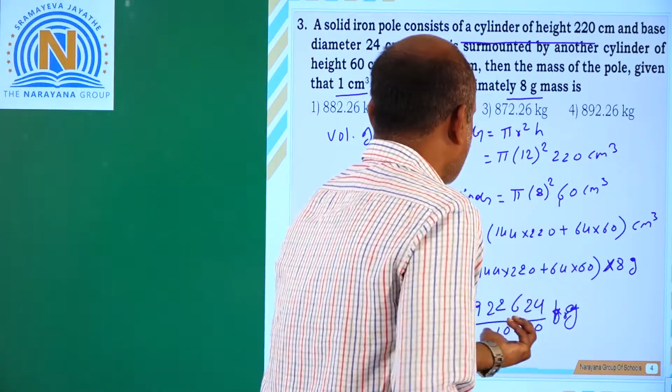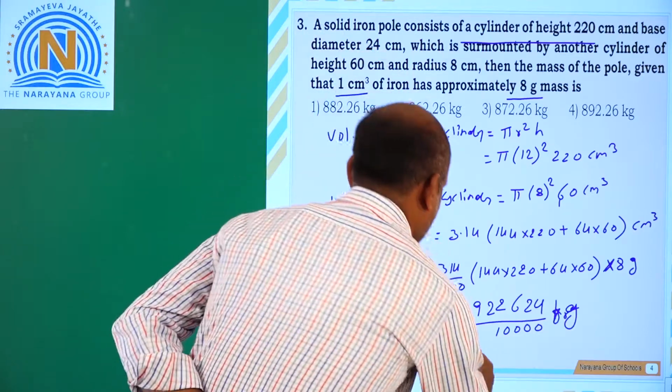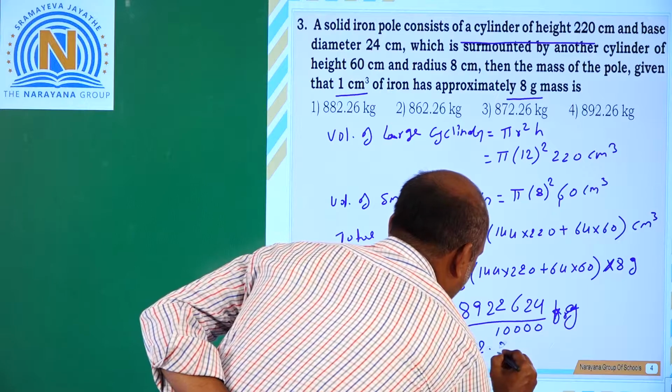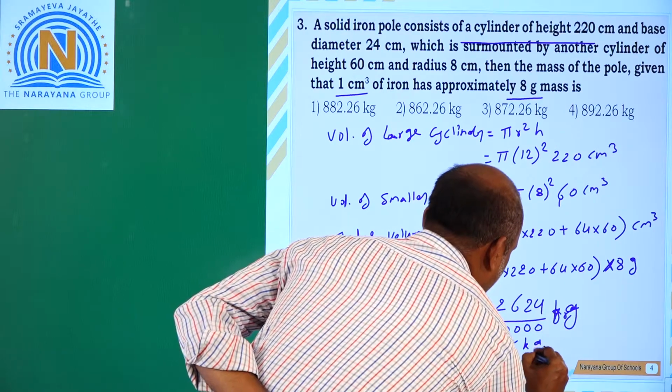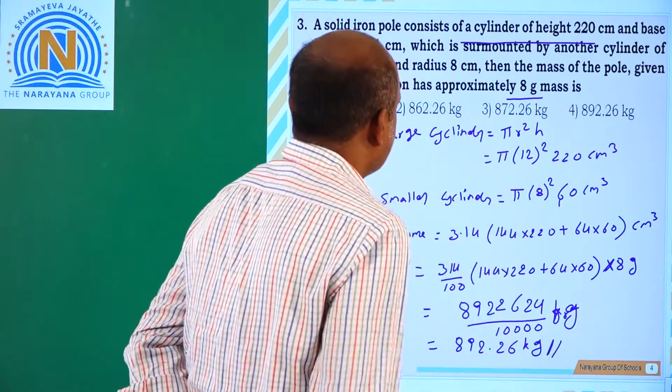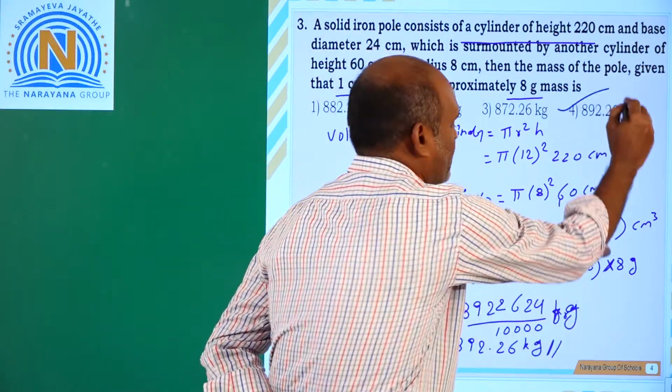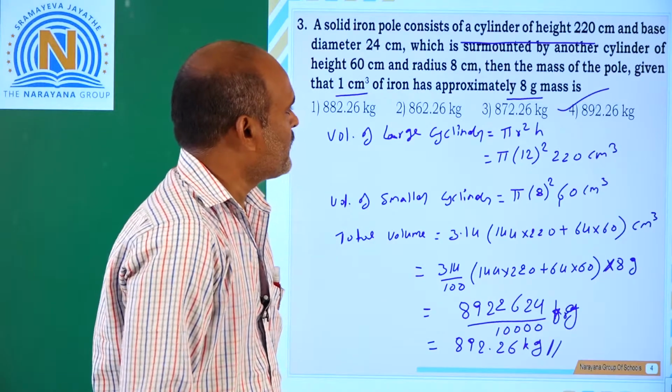If you calculate this, you get 892.26 kg. The weight is 892.26 kg. That is option 4, the correct answer.